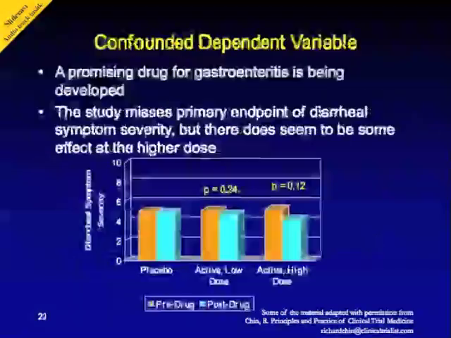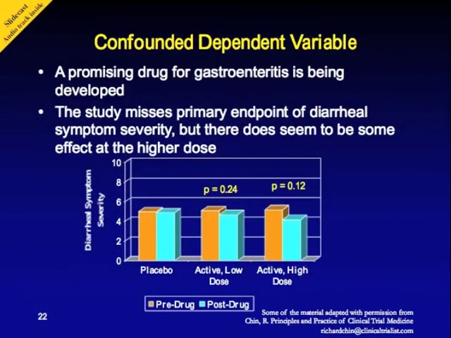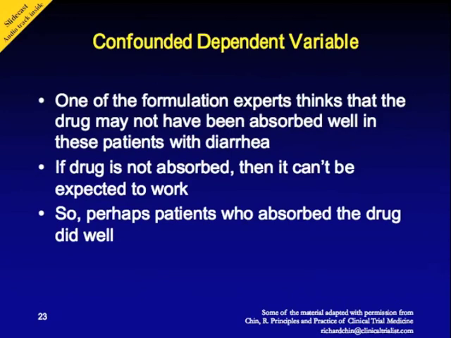For example, let's say you're developing a drug for some GI indication, and when you look at the primary endpoint, there's no signal. Placebo group, low dose group, high dose group, before and after the drug, really the symptom severity is not really different. But one of the formulation experts comes up to you and says, look, the formulation wasn't great, and I really think there could have been a problem with the absorption.